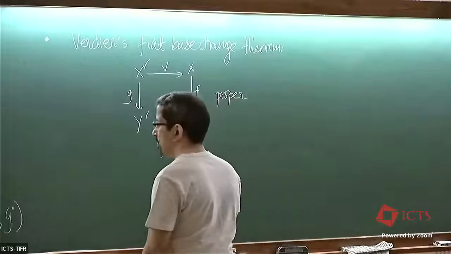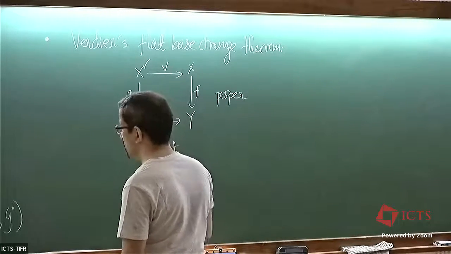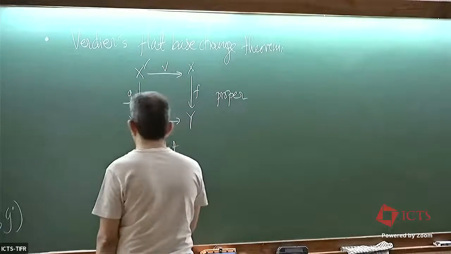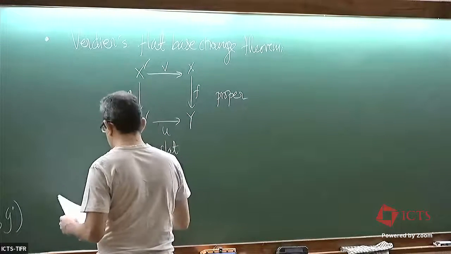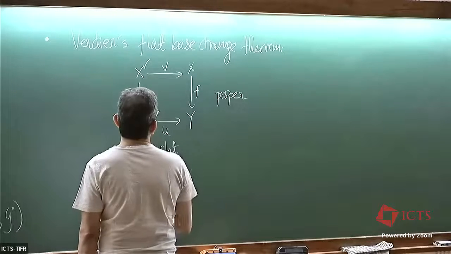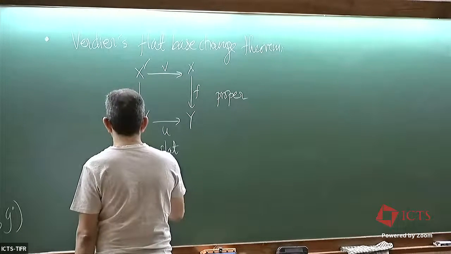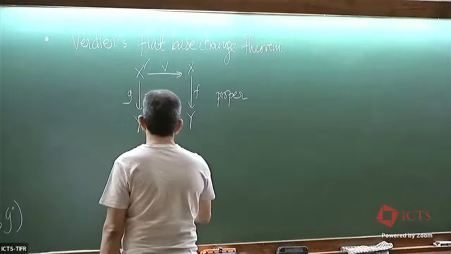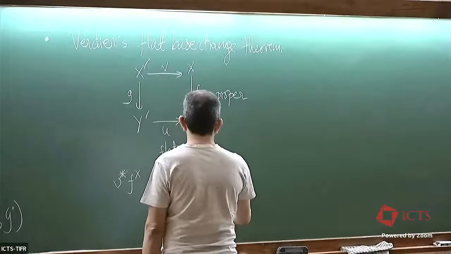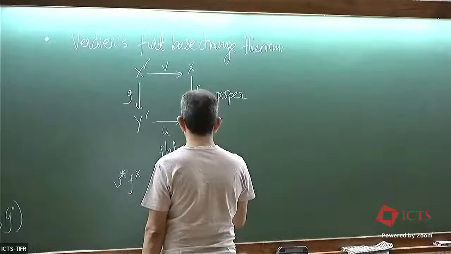Then one can show, Verdier shows that you have a similar result, F cross, then V star, isomorphic to U star G cross.